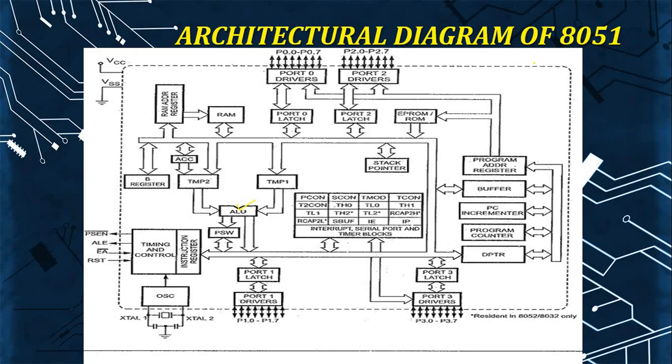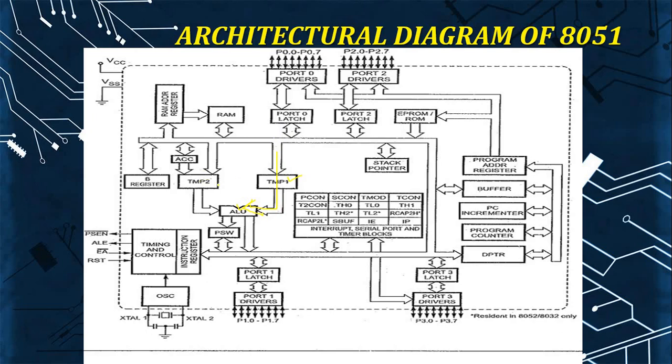But when you go to a railway station to book a ticket, you need to stand in a queue to complete the task. Similarly, temporary register 1 will directly perform its task with the ALU. It will not stand in a queue.